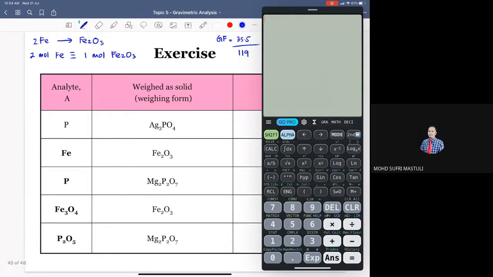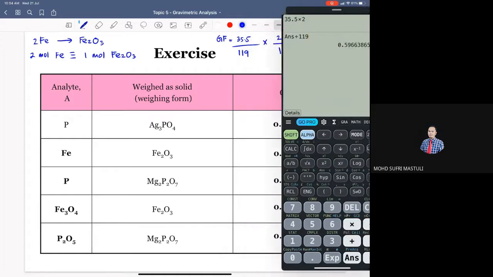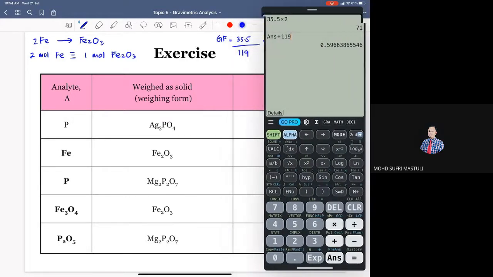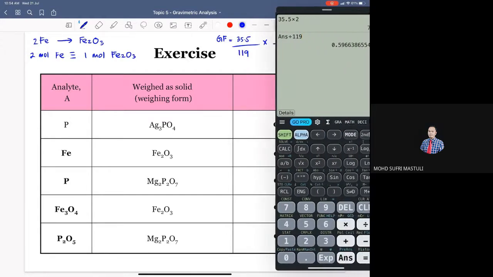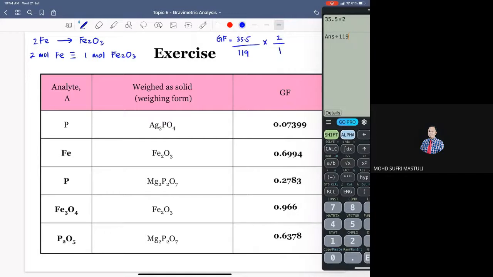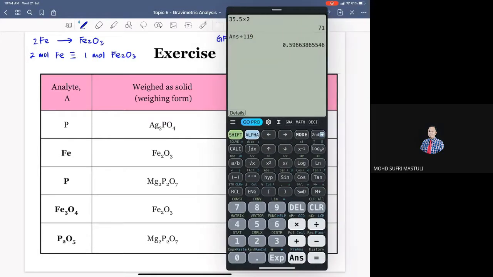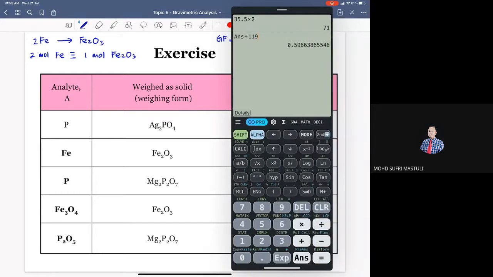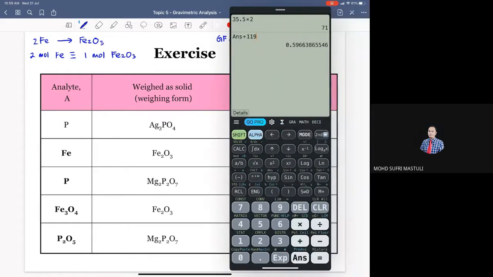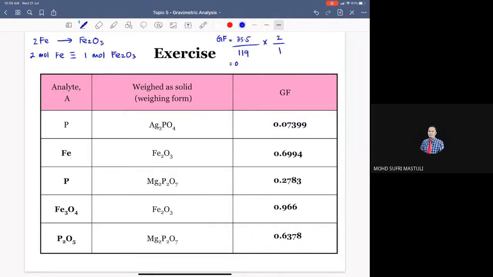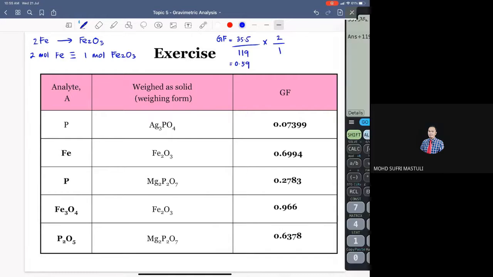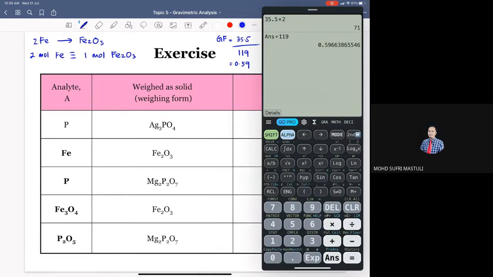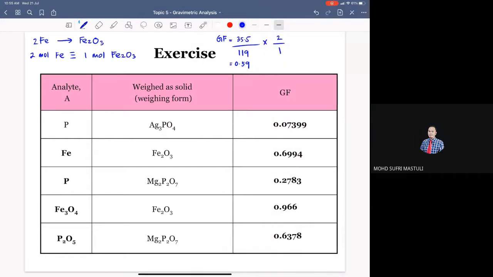So you can say 35.5 times 2 over 119. So you obtain 0.966, 0.59, 66.